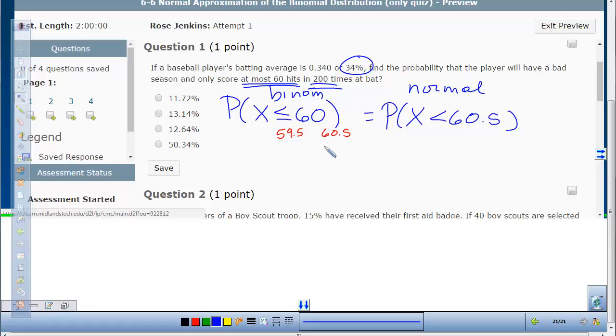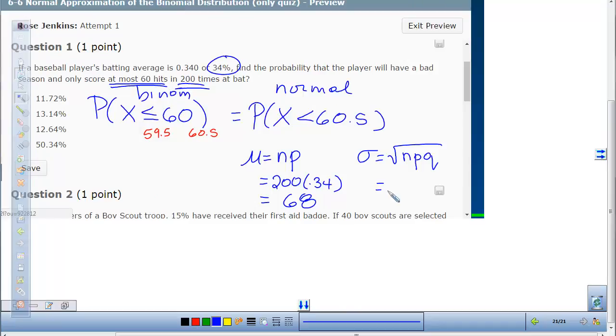Okay, so I'm ready to go on with my normal distribution. I need to know my mean and my standard deviation. Well, the mean of a binomial distribution is n times p, or in this case 200 times 0.34, or 68. And the standard deviation is the square root of n times p times q. So the square root of 200 times 0.34 times q, and q is 1 minus p, so in this case 0.66.